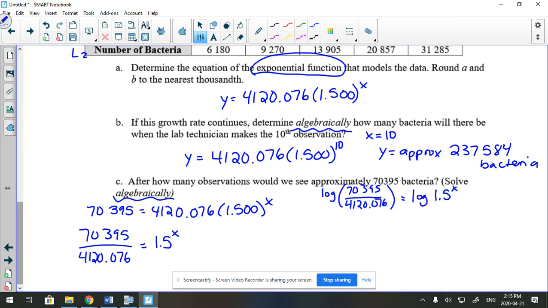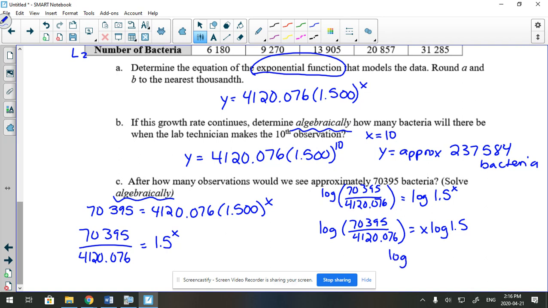And remember, once you have the log, you can pop that exponent in the front with your logarithm rules. And now you can solve for x. I'm just going to divide both sides by log 1.5.